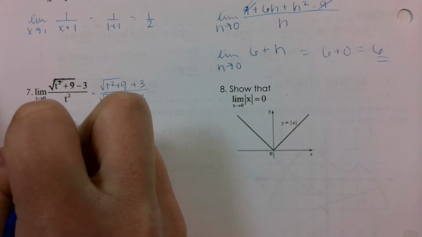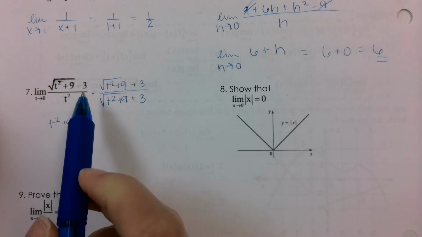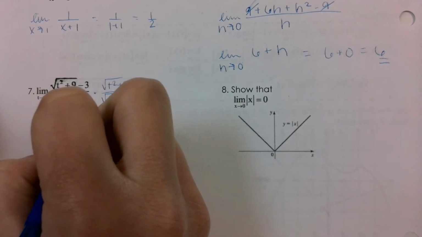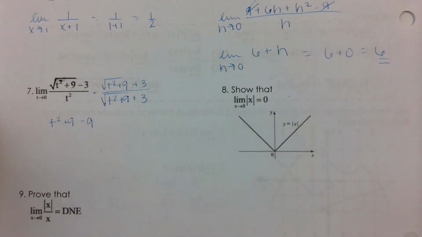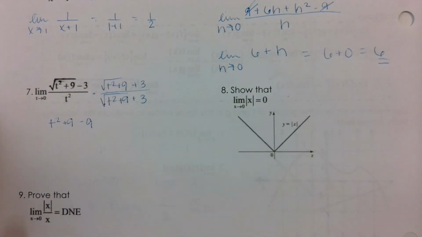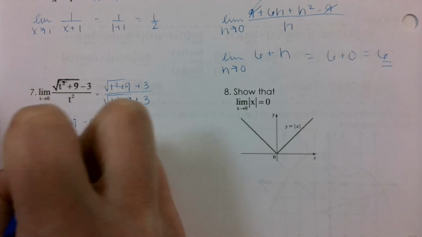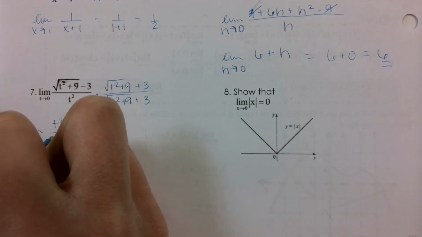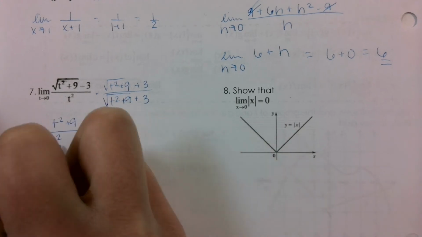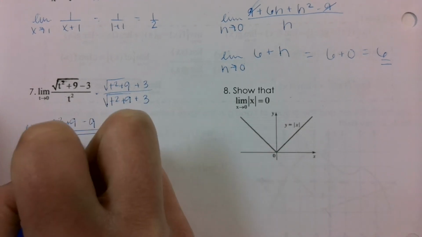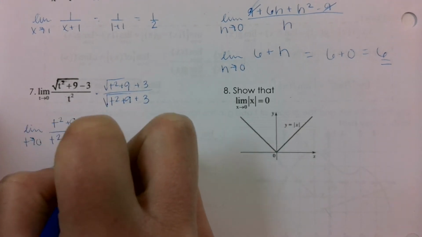T squared plus 9. And then when you square the 3, we'll have a minus 9 there. Is that okay? So that's just like doing the box multiplying that stuff out. So then on the bottom, we're going to have t squared times the square root of t squared plus 9 plus 3.